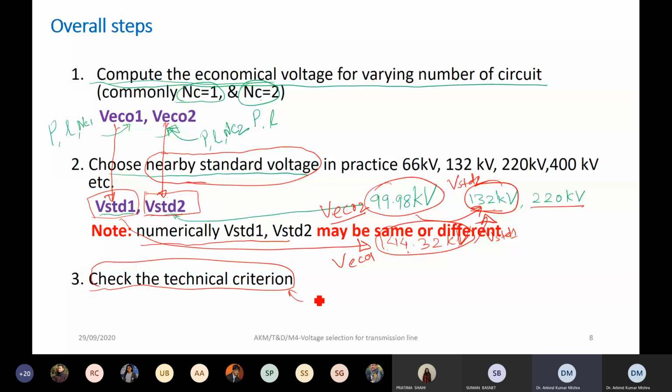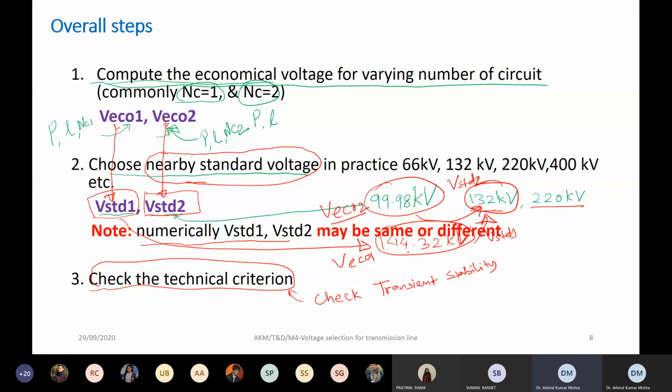As you can see, for a distribution system we may not need to check the transient stability. Why? Because in a distribution system the line carries power only in the proximity of consumers.